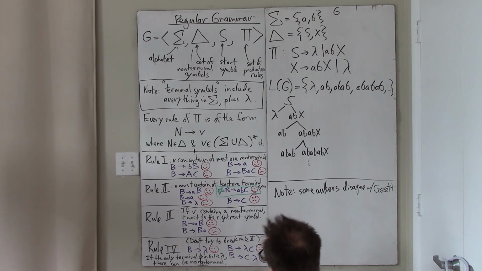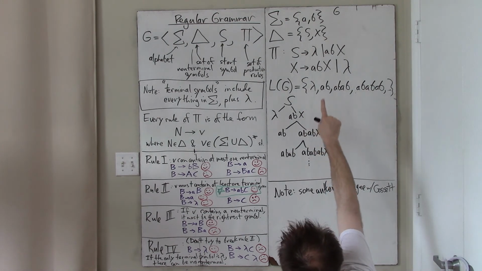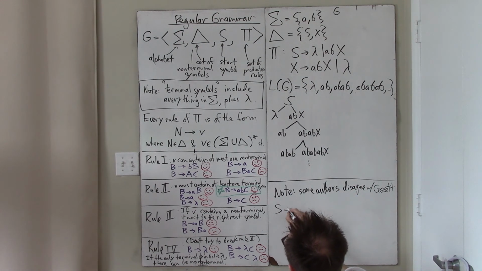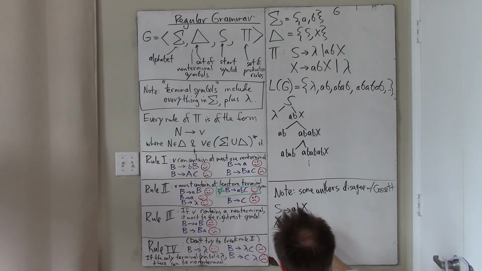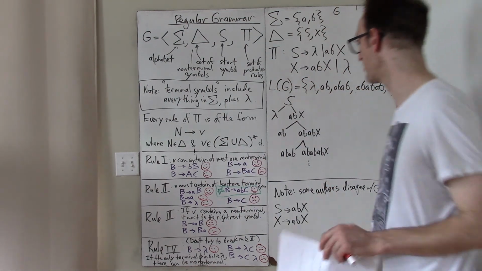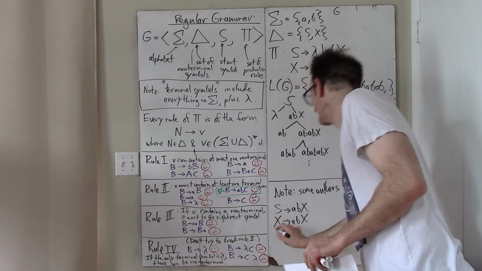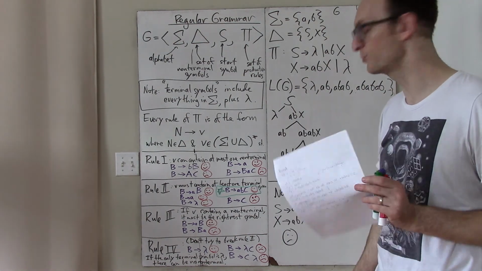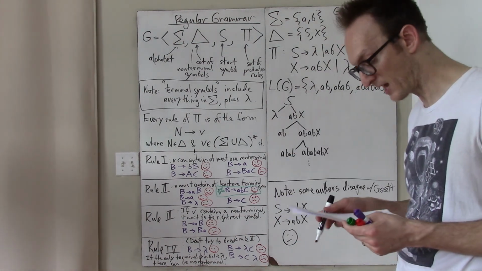What am I talking about? Well, note that two of the rules above, one of them says that S goes to ABX. Another one says that X goes to ABX. In the world of these other authors, these would not be allowed and would need to be replaced and amended.